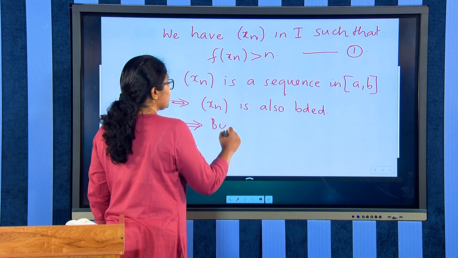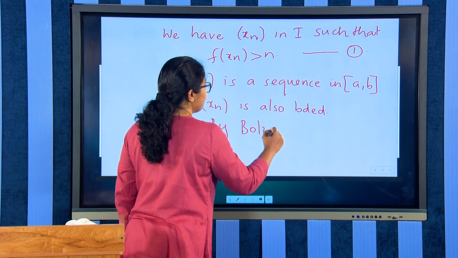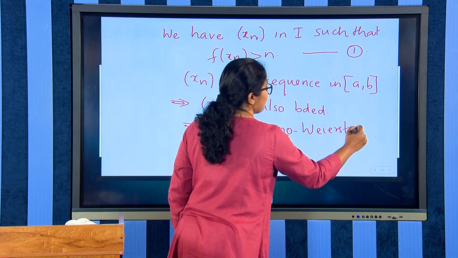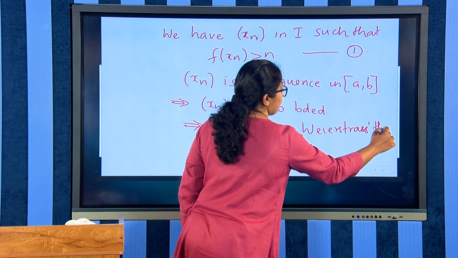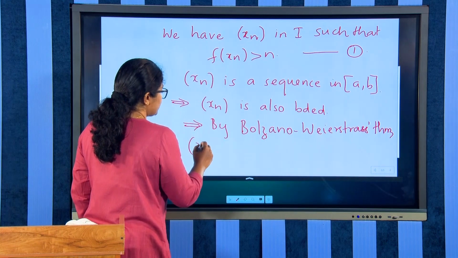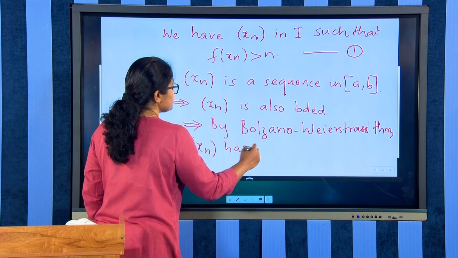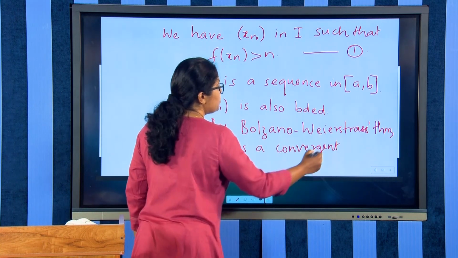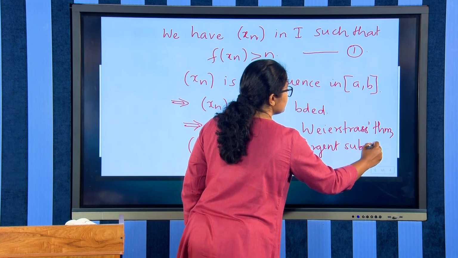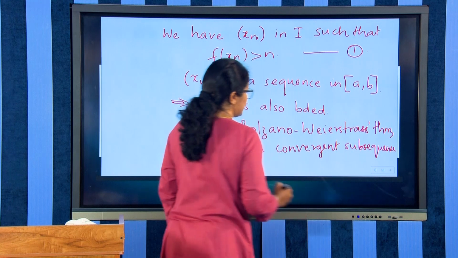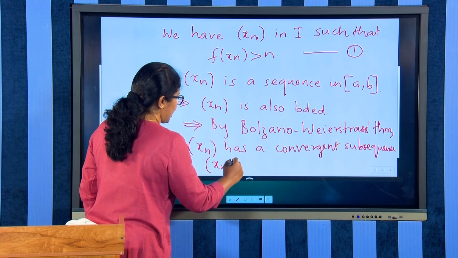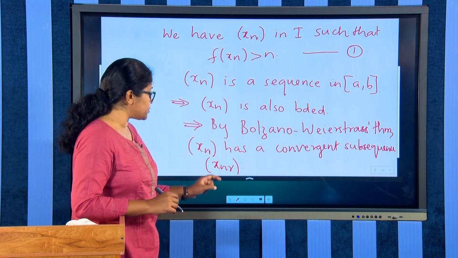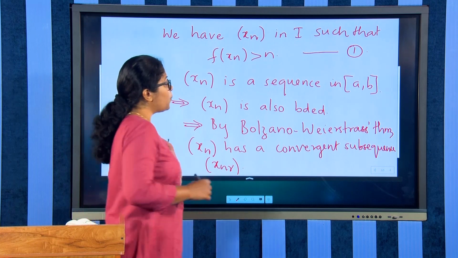So, by the Bolzano-Weierstrass theorem, the sequence xn has a convergent subsequence, say xnr.